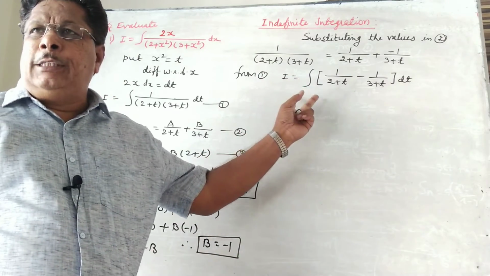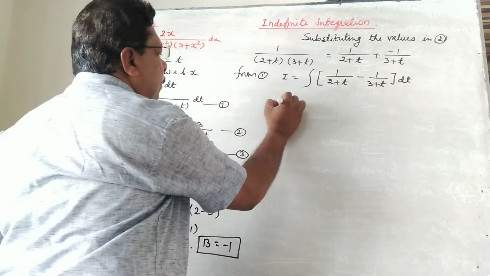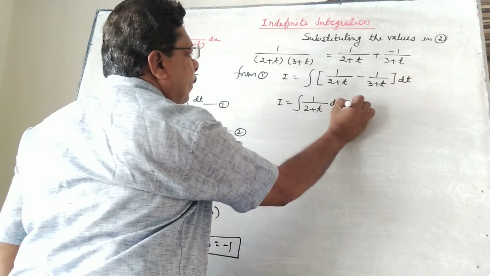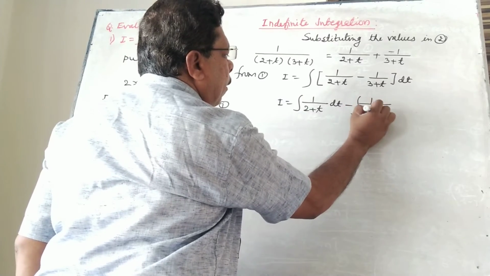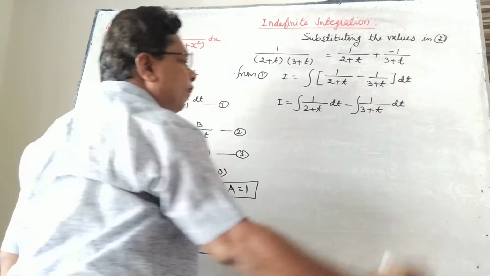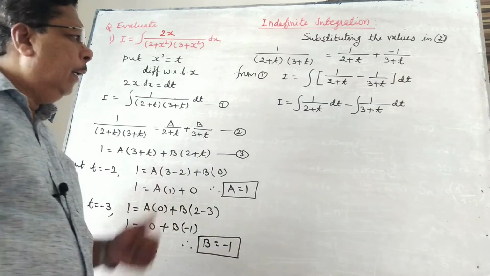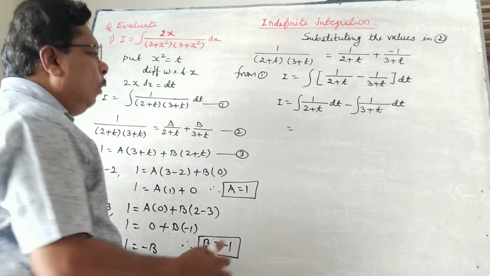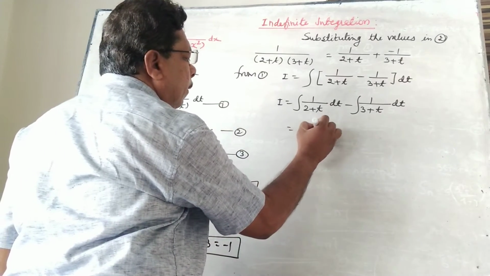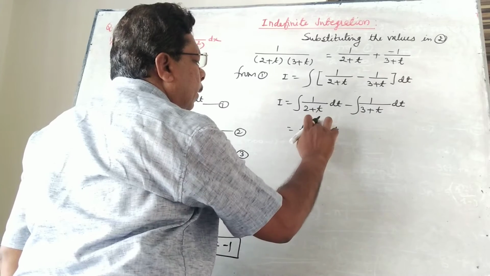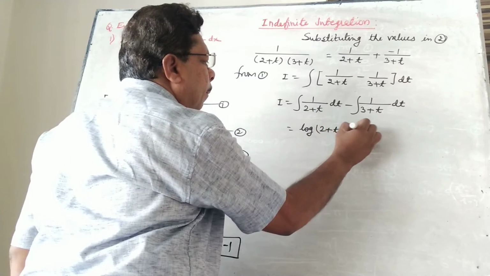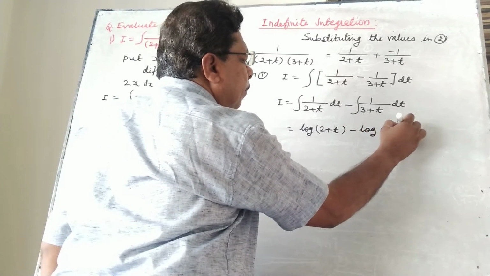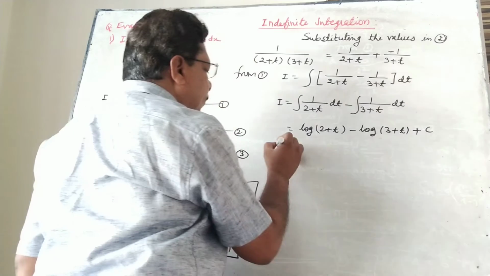Separate the terms and take separate integrations. So I is equal to integration 1 upon 2 plus t dt minus integration 1 upon 3 plus t dt. Now take the integration. The integration of 1 upon 2 plus t is log of 2 plus t, minus the integration of 1 upon 3 plus t, which is log of 3 plus t, and constant c.